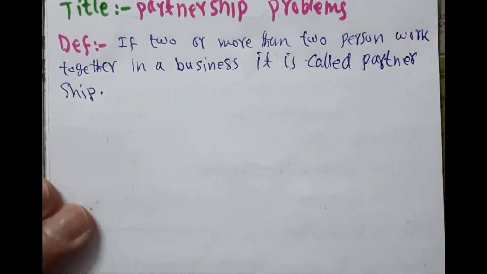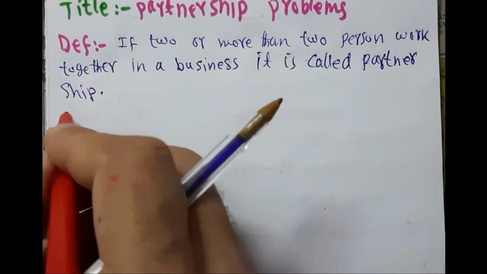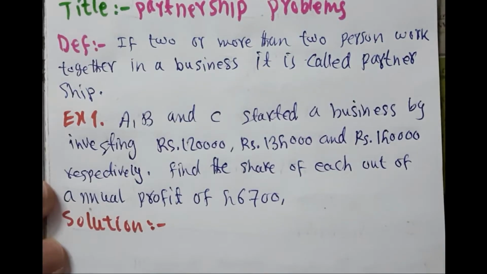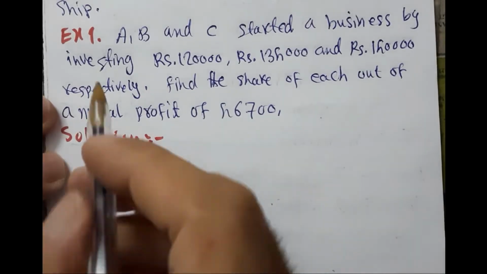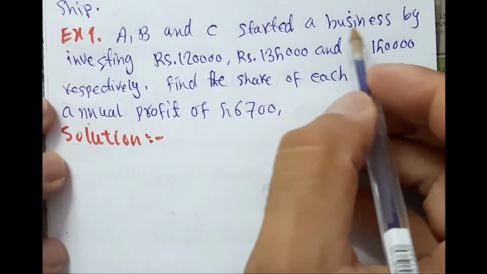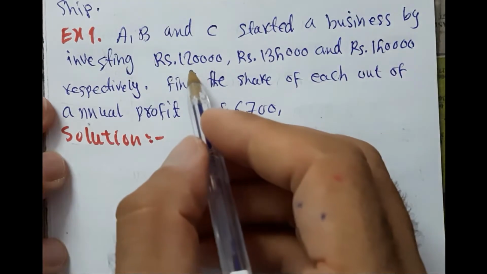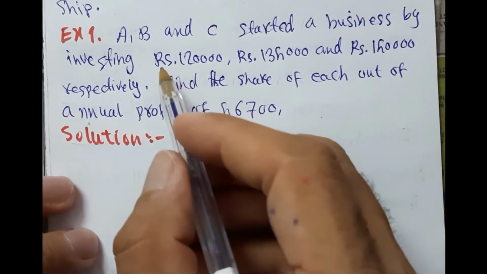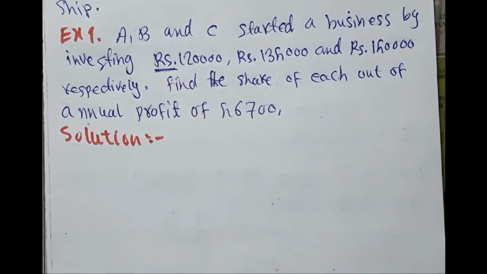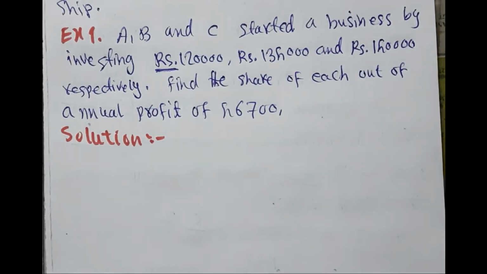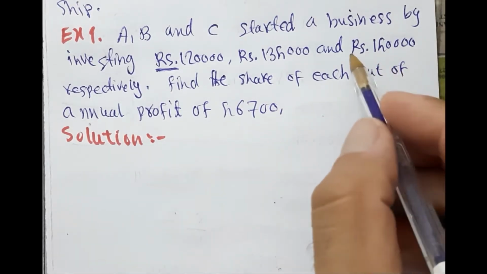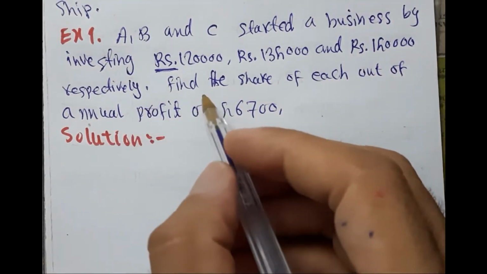First one, question 1, example 1. We write the example here. A, B, and C started a business by investing 120,000 rupees, 35,000 and 150,000 rupees respectively.